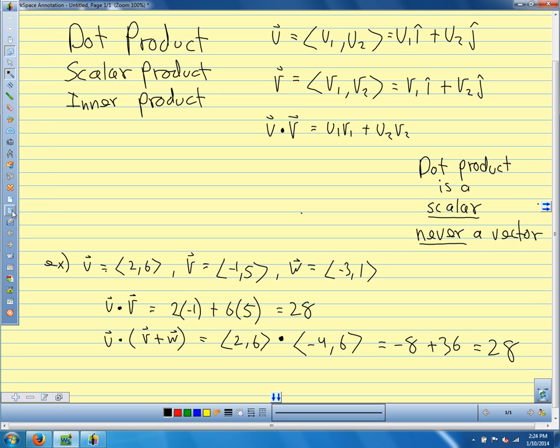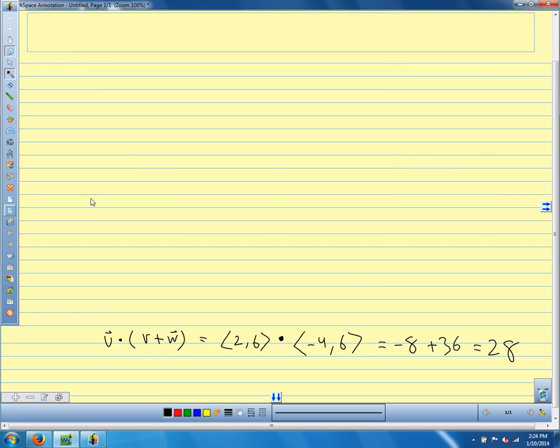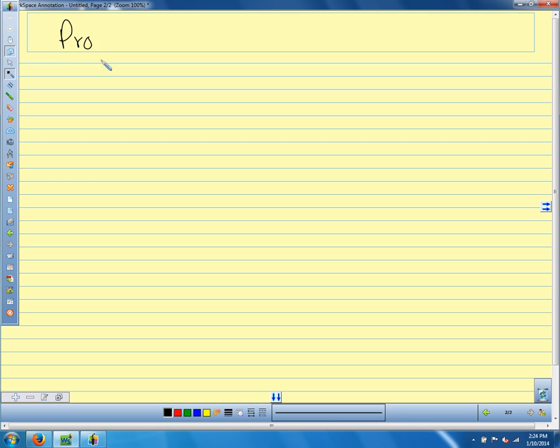All right, let's talk about some properties of dot products, a different way that we could do this last problem. So we just have a few properties of dot products that we need to know about. For our properties, we're going to say that u, v, and w are vectors, and c is a scalar.